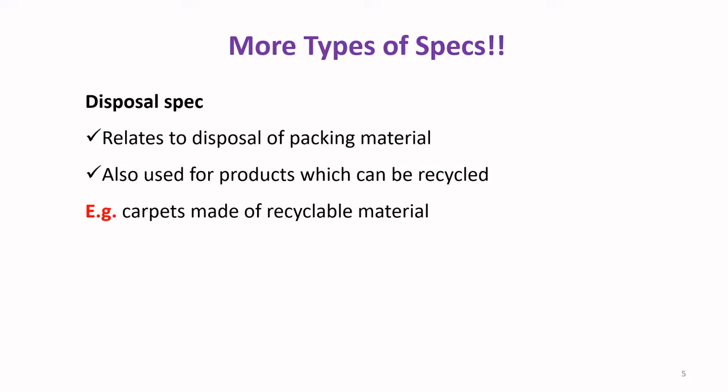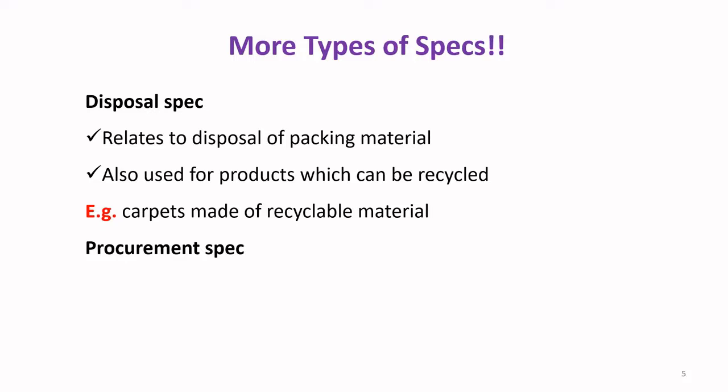If there are carpets made of recyclable material, that has to be mentioned so that when someone has used the carpet and it has become very old, the person will send the carpet for recycling and not just throw it away.